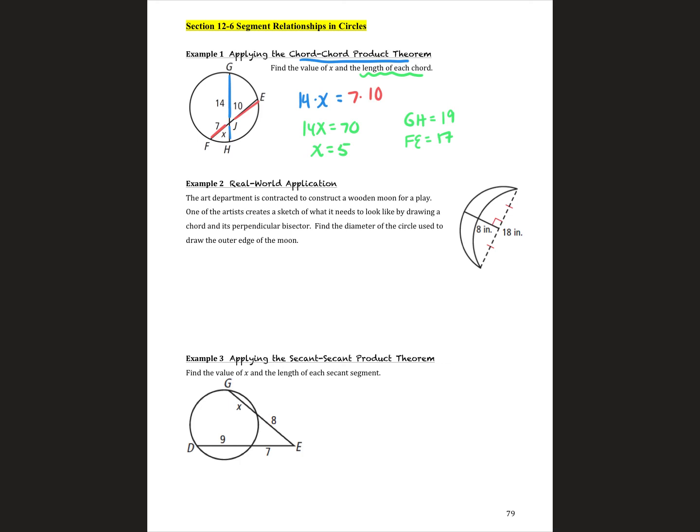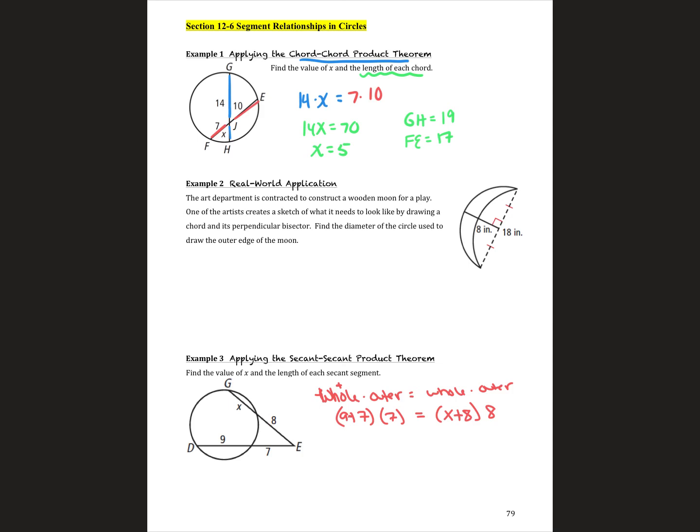Okay, in example 3, on page 79, we have two secants. The rule for secant is whole times outer equals whole times outer. Just remember that whole is adding. So for DE, it would be 9 plus 7 times the outer part, 7, is equal to, for GE, x plus 8 times the outer, which is 8.